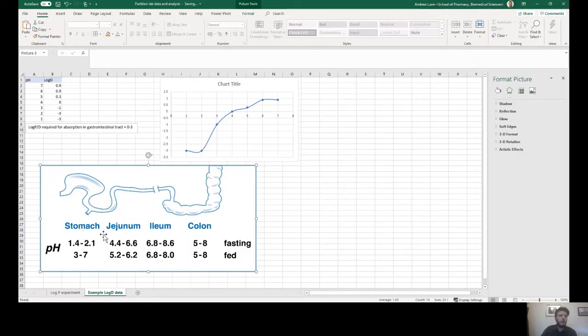And then we'd go through the duodenum, which we don't have information for, but it will be around about pH 3 to 4 maybe. And then in the jejunum, we've got pH 4.4 to 6.6. And that is within the pH range we need to get the trimethoprim in the ionization state that it needs to be to have the correct solubility for it to be absorbed correctly through your bowels.